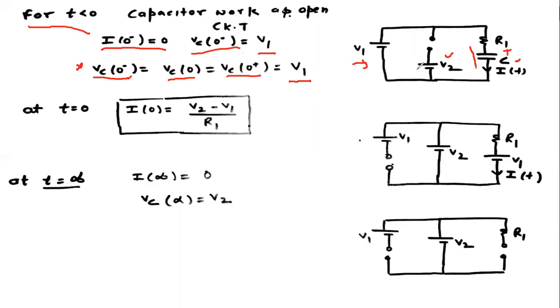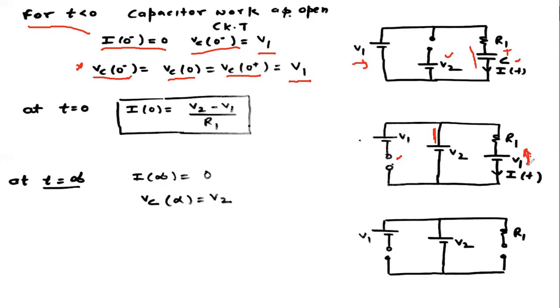Now when we change the switching condition and move the switch at t equal to 0, the circuit is connected to V2 and V1 becomes open. The capacitor works as a short circuit in the switching condition, so it is replaced by its voltage, because in the equivalent model of the capacitor we always represent the initial voltage.